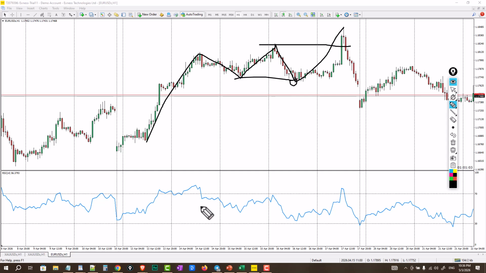Now, when you pay close attention to what we had on the RSI indicator here, remember, the oscillators are supposed to mimic what price is doing. So when price forms a higher high, technically speaking, the oscillator should also form a higher high. And when price forms a higher low, again, the oscillator is expected to form a higher low.